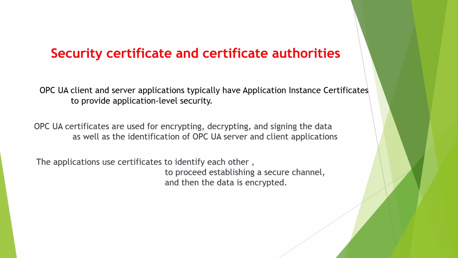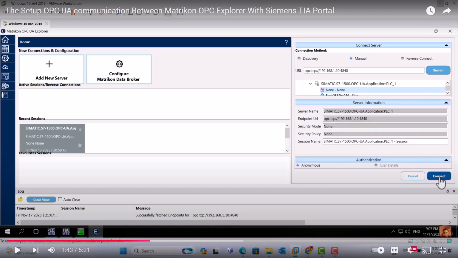Then the data is also encrypted. Here is the matrix OPC UA. Explore. Look, here is server information or authentication. You should connect. Also, you confirm this one. Okay.